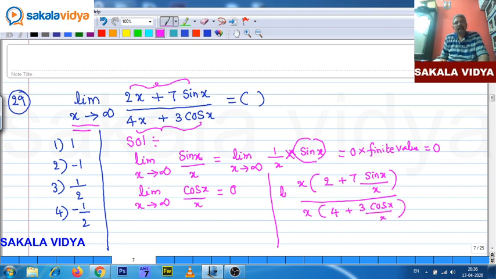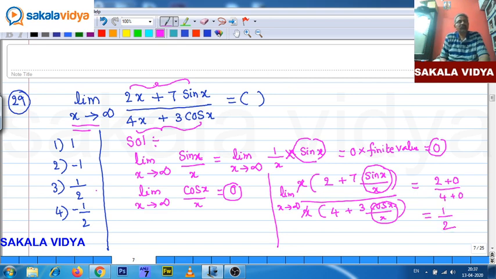Now the limit is applied, limit x approaches to infinity, x cancels. Now tell me what is our answer. So sin x by x is 0, cos x by x is 0. Now it is replaced by 0 and it is replaced by 0. So we get 2 plus 7 into 0, 4 plus 3 into 0. 2 by 4 is 1 by 2. So the third option is the right option.